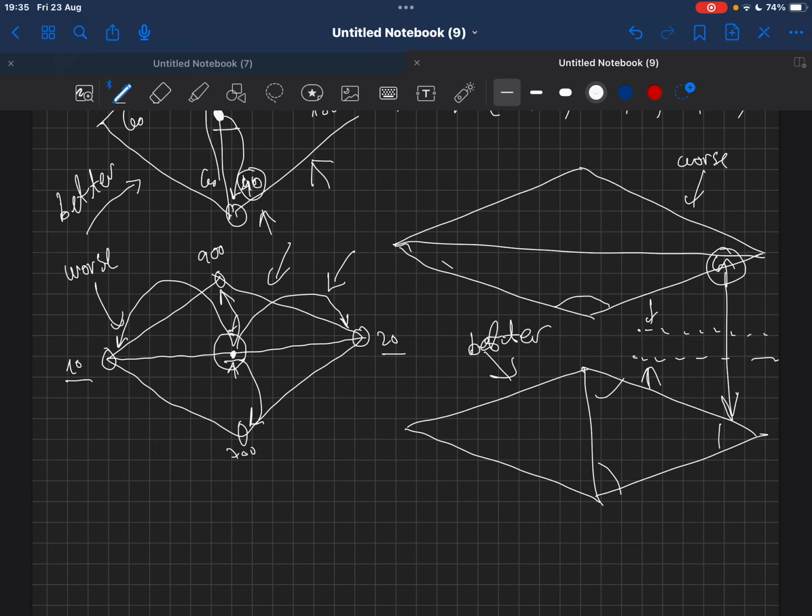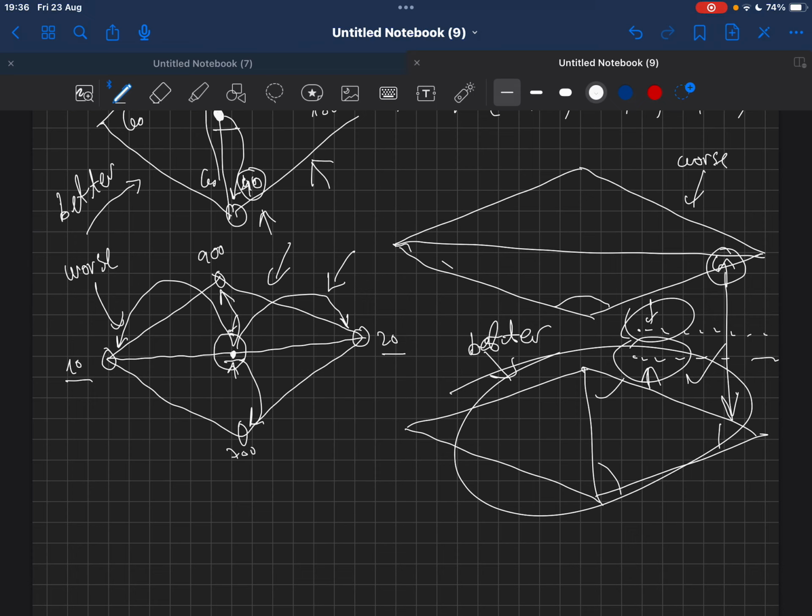The triangulation that gives me bigger angles as the starting angles will be the better one, because a triangulation that creates triangles whose smallest angles are bigger is the better one. Okay, so this will be the idea.